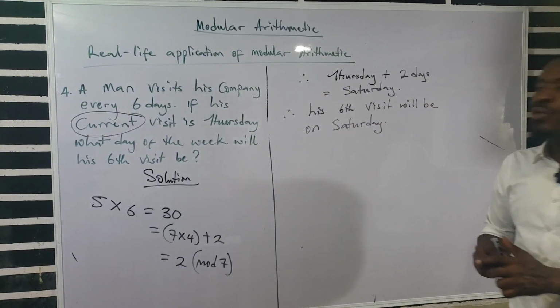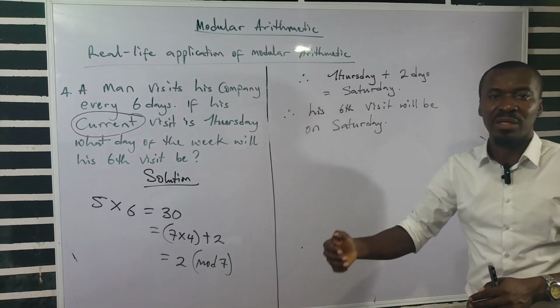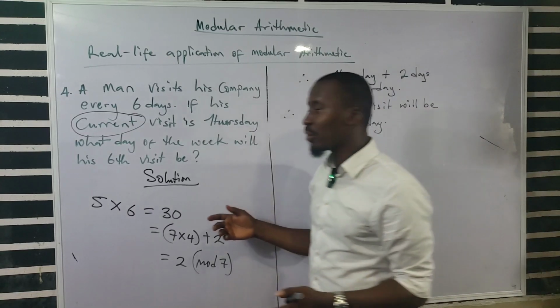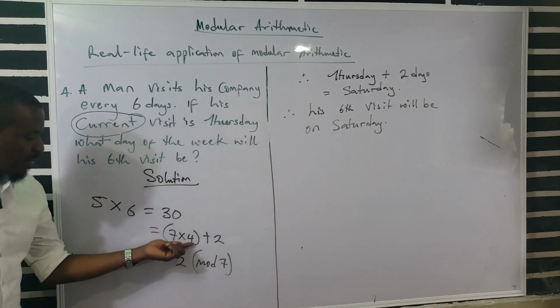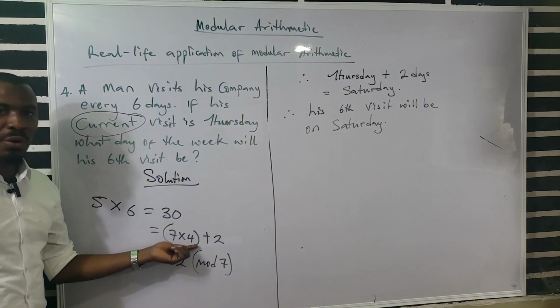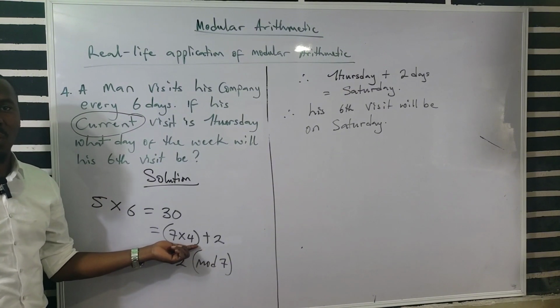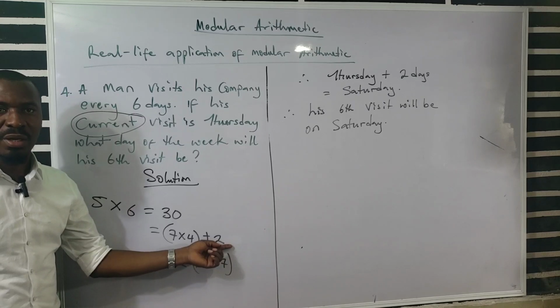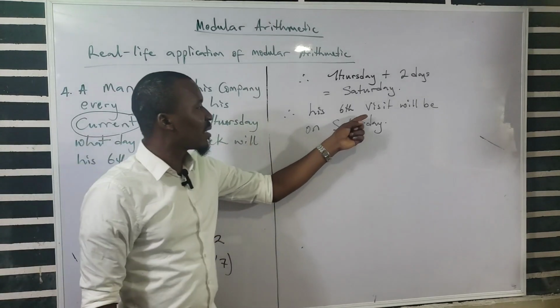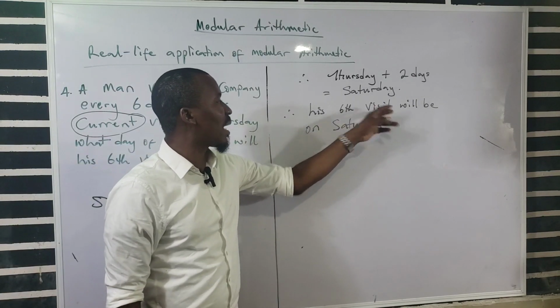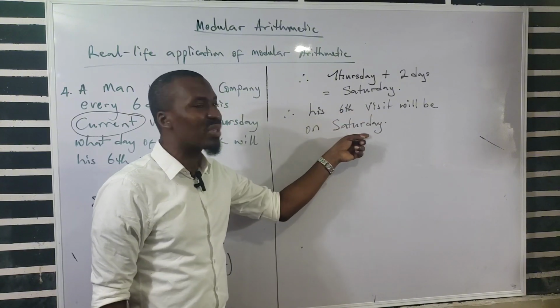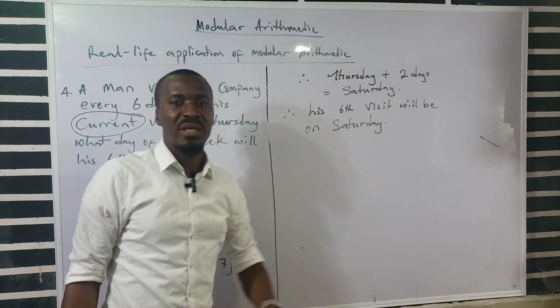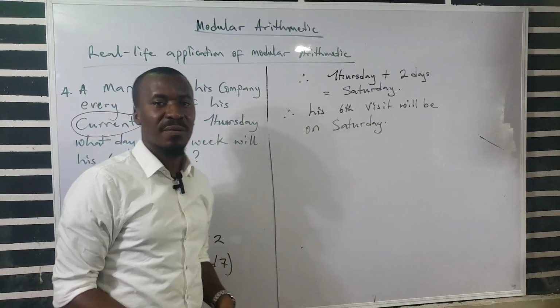So we can even use modular arithmetic to know the week. How can we know the week? Remember, see this: 7 times 4 means that we have exhausted 4 weeks, so we are in the 5th week now. So his sixth visit is going to be on Thursday of the fifth week, or the next fifth week.